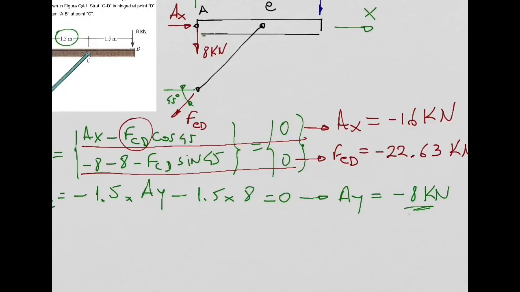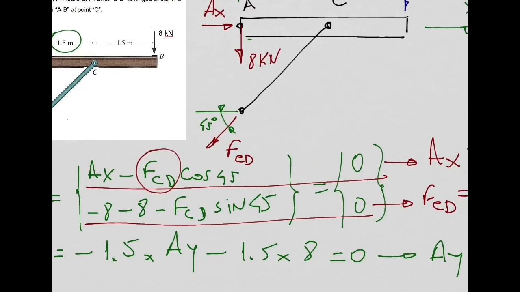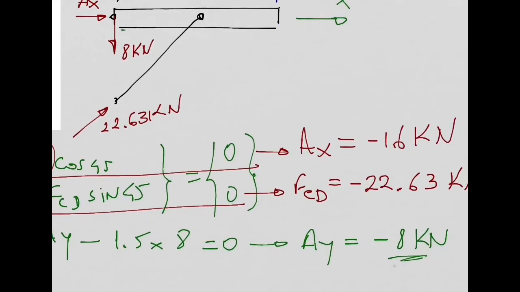So let's start with FCD. We obtain the negative force, so it means we need to reverse. And then this is 22.63 kilonewtons. So it means our strut is going to be in compression. And for our reaction AX, we got minus 16.